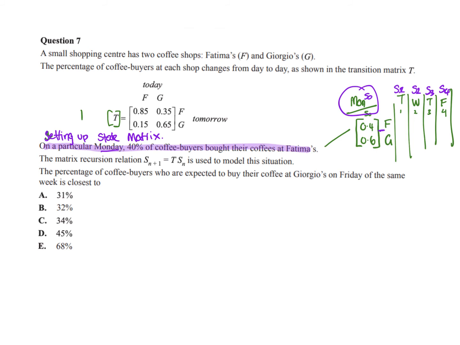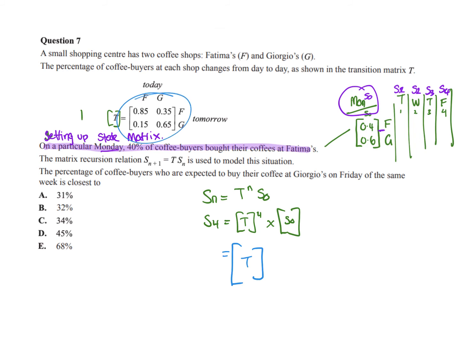So I can use this formula if I like, and I want to get state 4. So I'll be doing the transition to the power of 4 times what originally happened, the S0. I'm not going to write it out, but that transition matrix to the power of 4 times my Monday scenario.